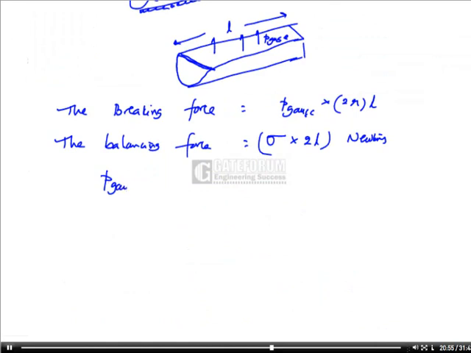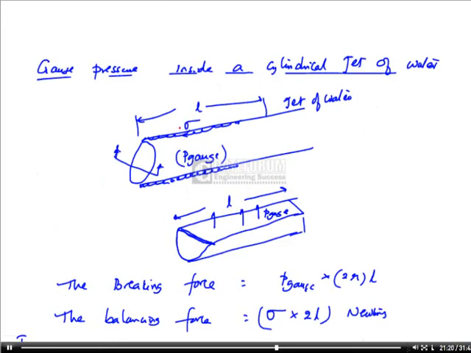Therefore, equating the two forces for static equilibrium, P gauge should be sigma by R, Newton per meter square. So the breaking of the jet of water is balanced by the surface tension force acting at top and bottom. Surface tension force is proportional to the length. So we had obtained three different cases.